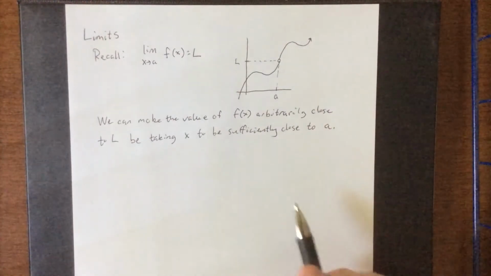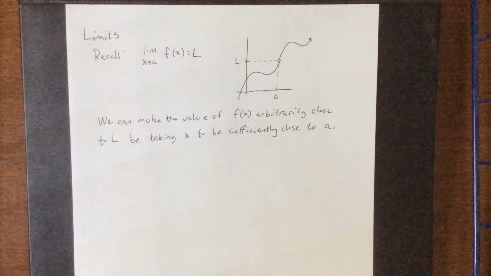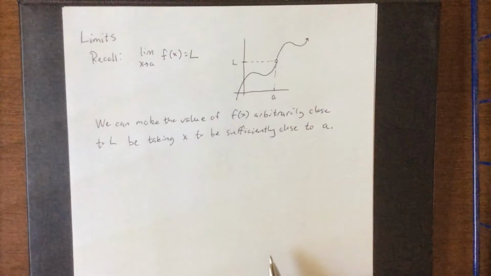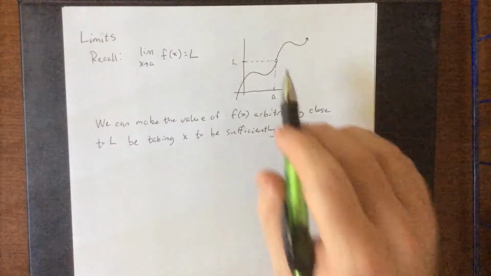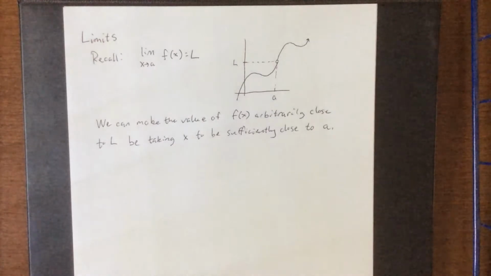We can make the value of the function as close to L as we could possibly want by taking x sufficiently close to a. So we can get as close to L as we want by simply getting close to a. Close, of course, being a relative term.